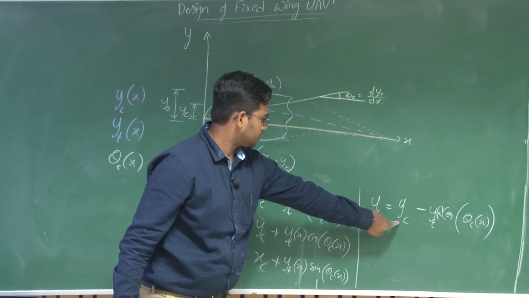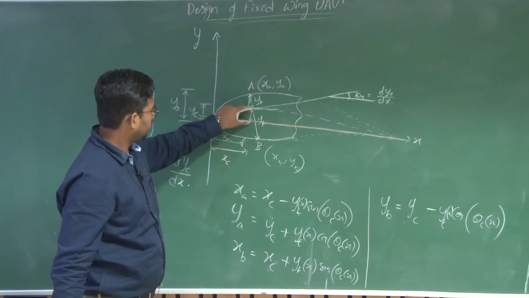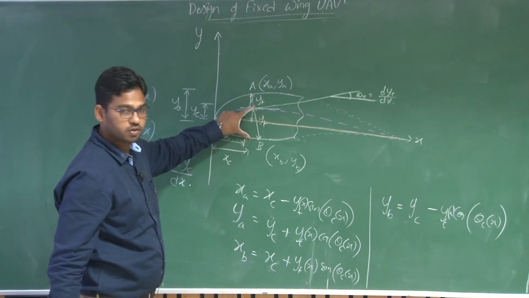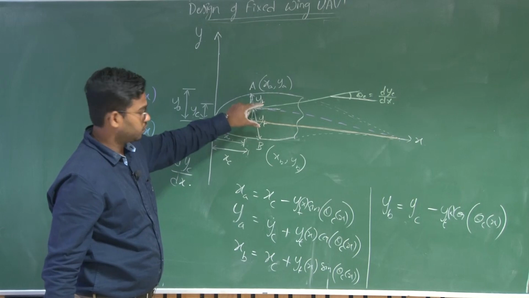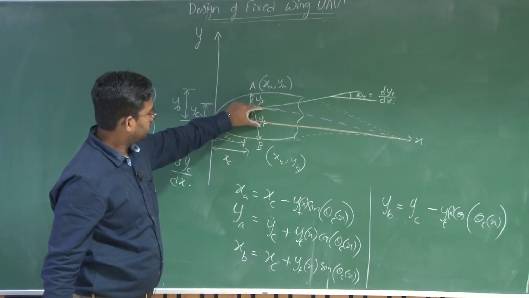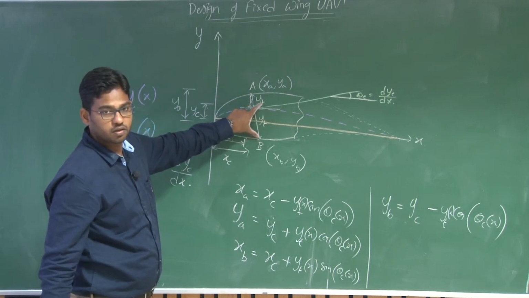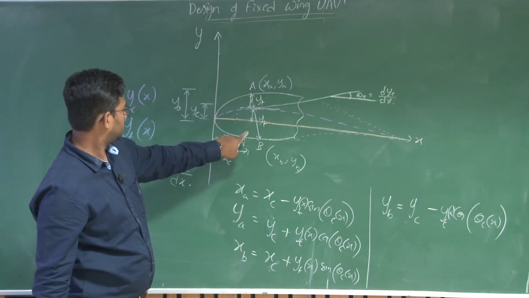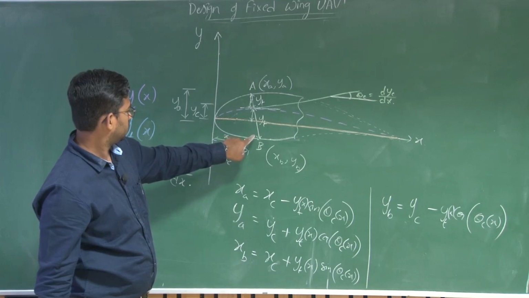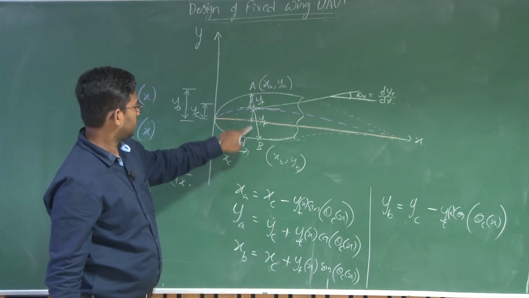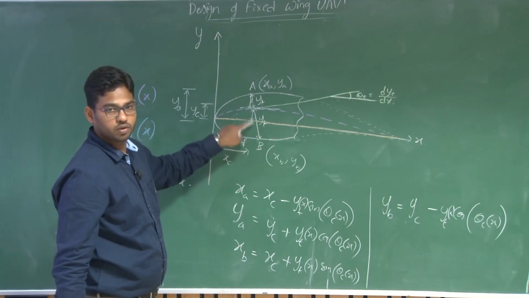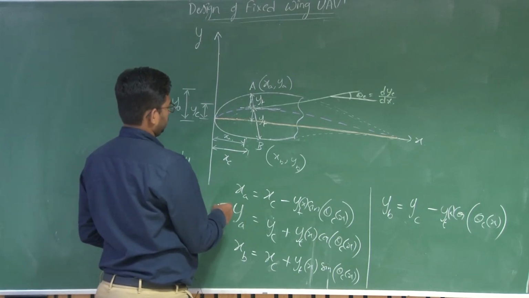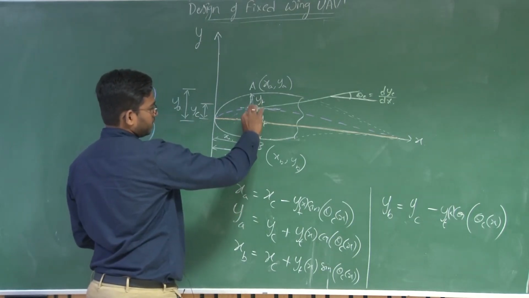Now if you look at this, yc is this much, yt is this much, like the yt cos component is this much. From here I need to get to know the coordinate, because I am calculating this entire length.